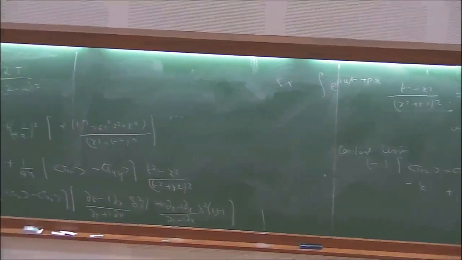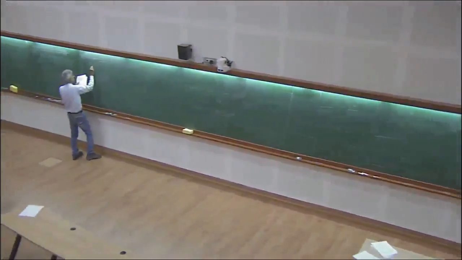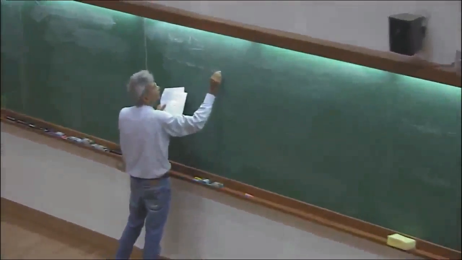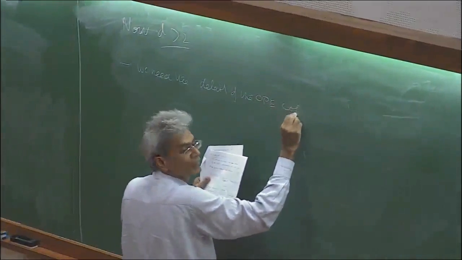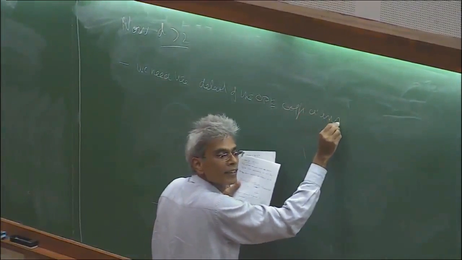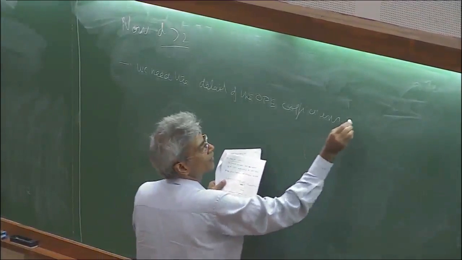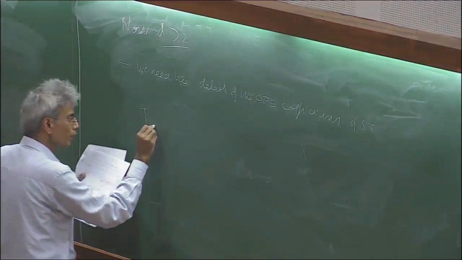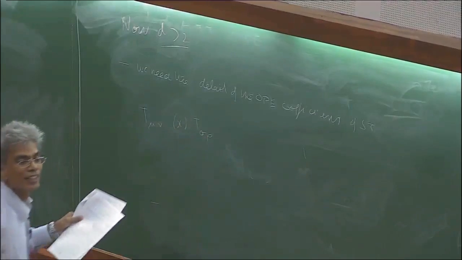So now in D greater than 2, we need details of the OPE coefficients of the stress tensor in higher dimensions. So basically, it's of the same form which I wrote. Let me write one particular term.